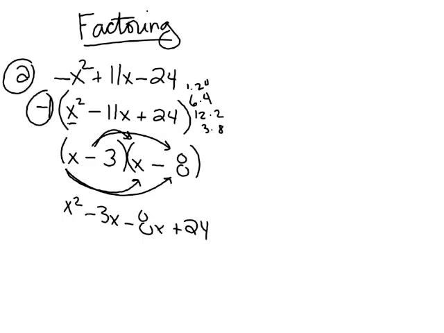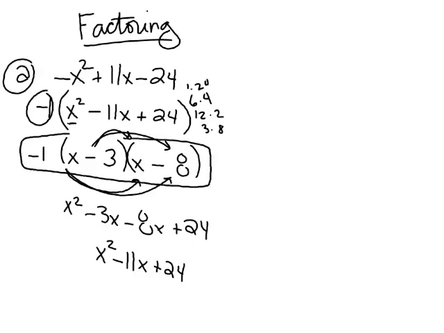All right, then my middle terms combine. What have I got? x squared minus 11x plus 24, which is what I was trying to get to. Okay. So this would be my answer. Negative 1 outside the brackets, x minus 3 times x minus 8.